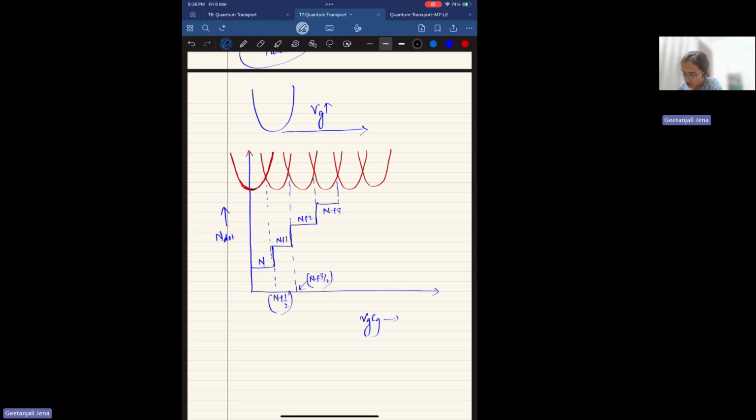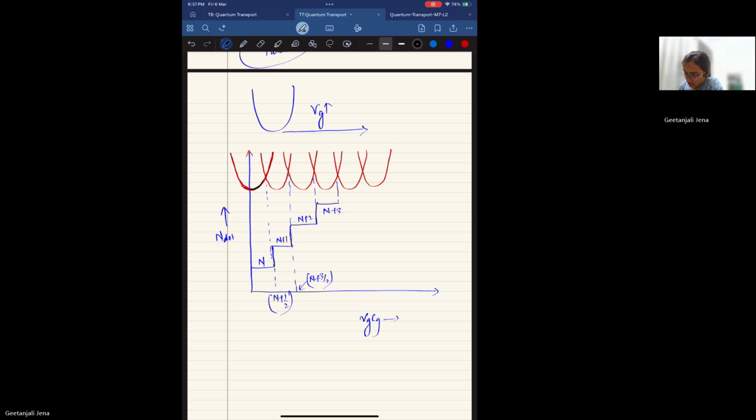This energy will now increase, and it will follow this parabolic relation. But we won't see any tunneling because the energy is not sufficient to cross this charging energy.